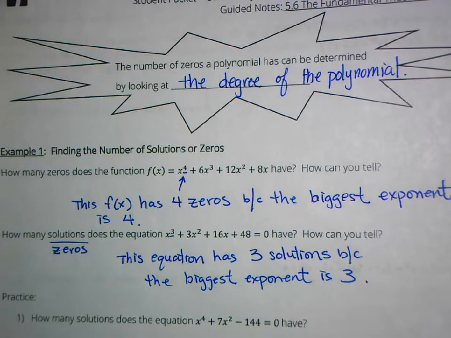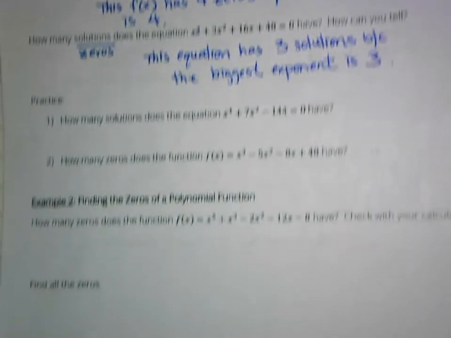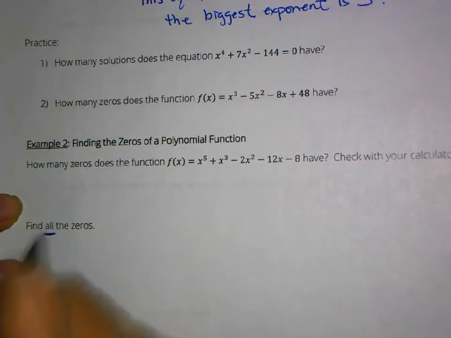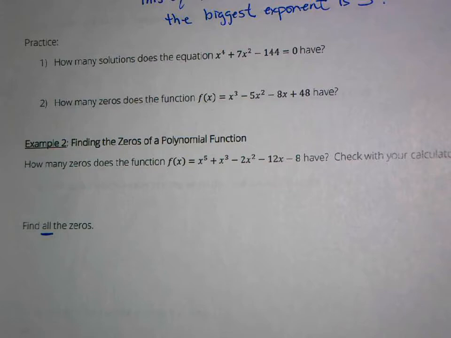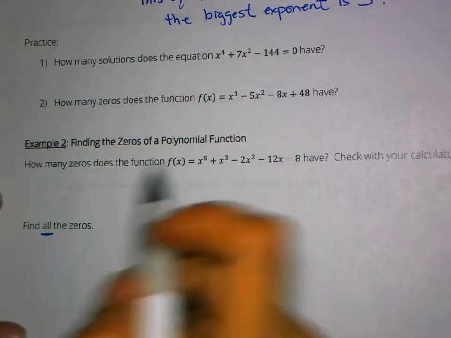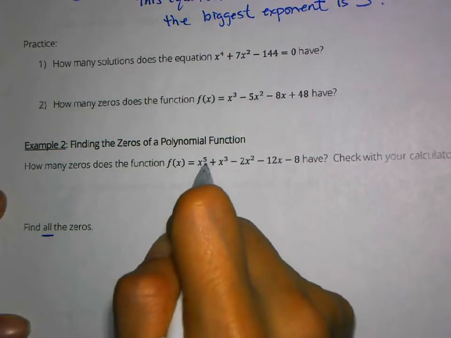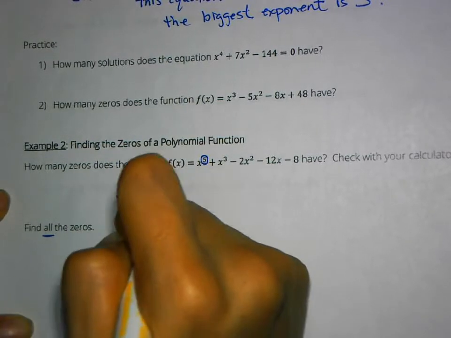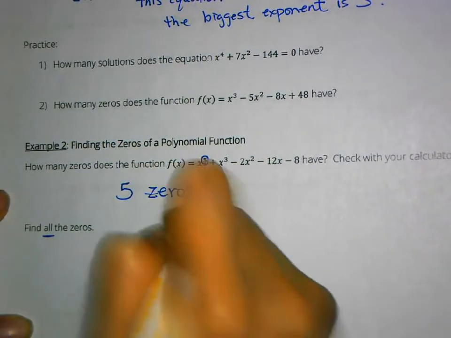So we're going to take a look at an example where it asks you to find all the zeros. Notice that it doesn't say all real zeros, so there might be a chance that there are some imaginary numbers in this. So let's take a look. The biggest exponent is 5, so that means there would be 5 zeros that we're looking for.